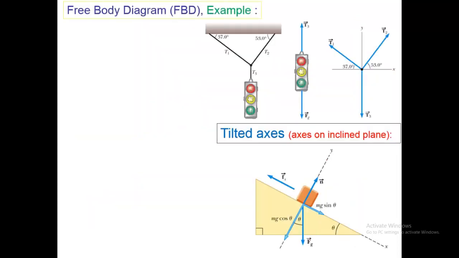Now, the free body diagram again. I'm telling you because you will be dealing with different types of forces. For example, you have this traffic light. This is one wire at the roof, this is the string, the rope, and this is the third one. All wires, cables or strings are under tension.